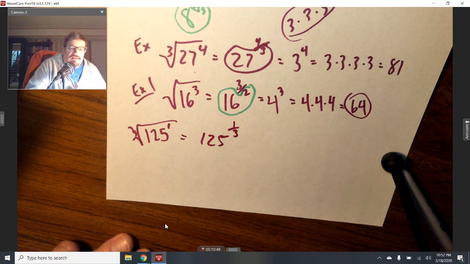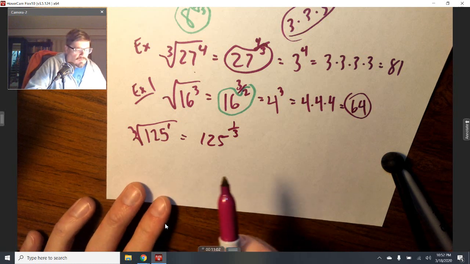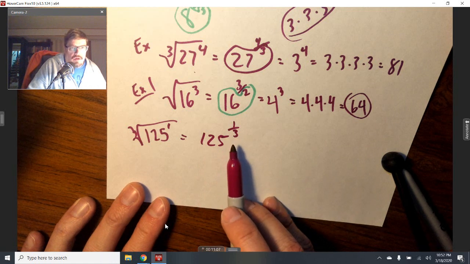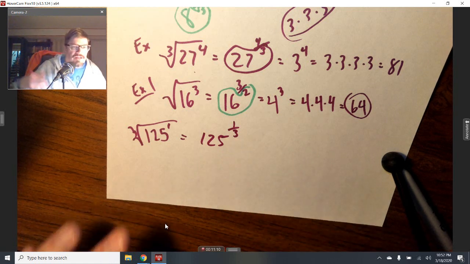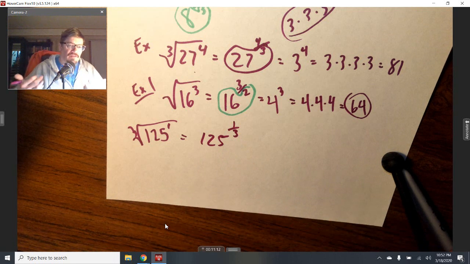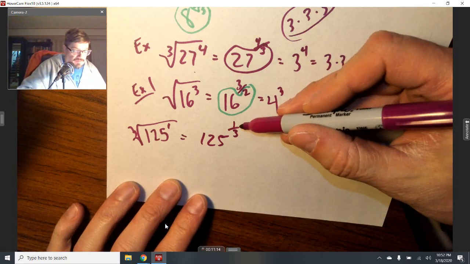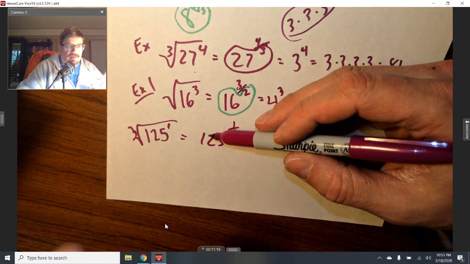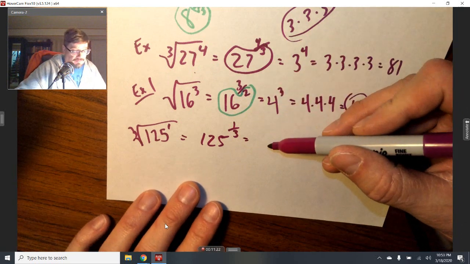I'm saying that if I take the third root of something, the third root of something represents this. 125 to the 1/3 is like saying, well, how many triples of 125 can I raise to the first power? All right? So I know that 5 times 5 times 5 is actually 125.